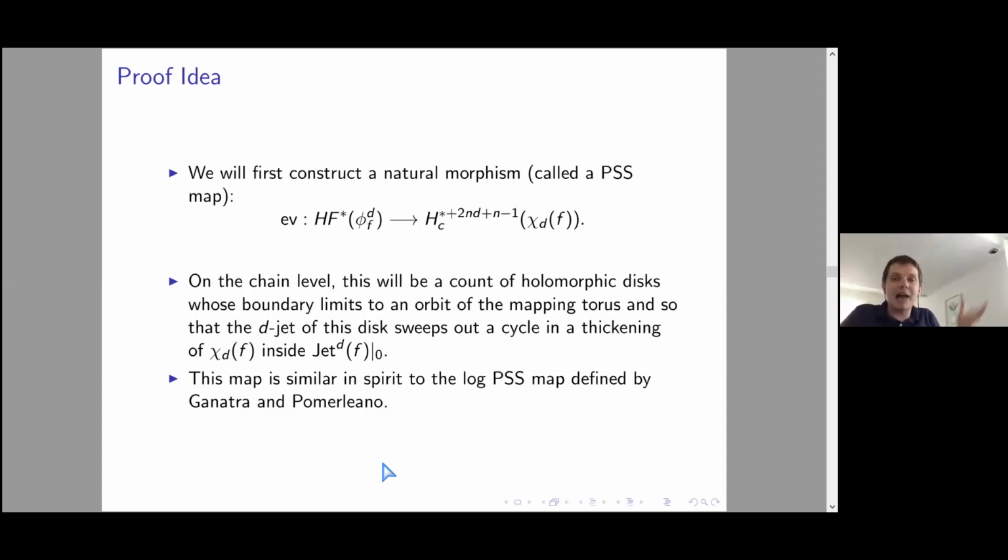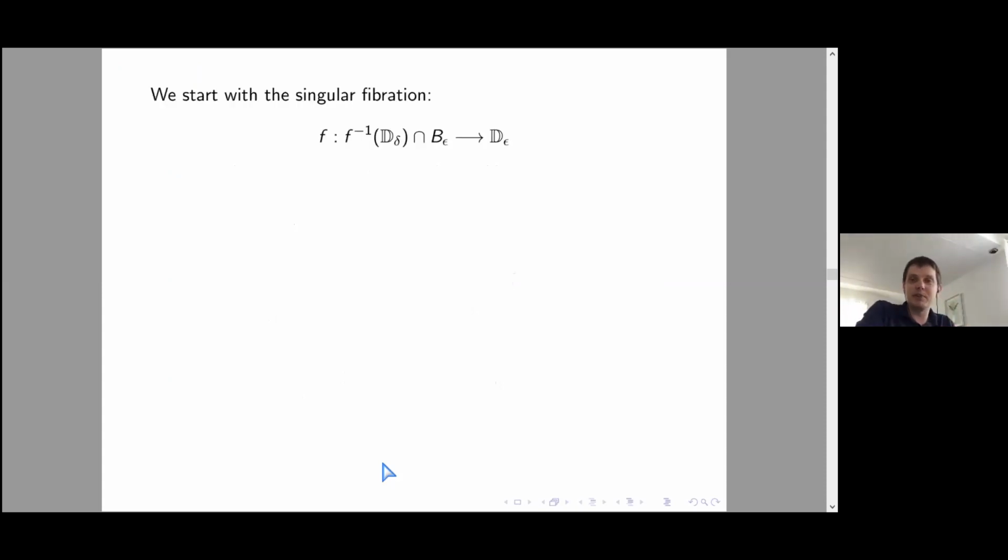Let's say you look at Hamiltonian Floer homology, and you look at the usual PSS moduli space. And instead of just evaluating at a point, you take this PSS disk and chop off the end, and you get a little disk. So you get some sort of cycle in the space of disks. And you could ask things like, what does the pair of pants product look like? You get these fun string topology-like operations with these disks.